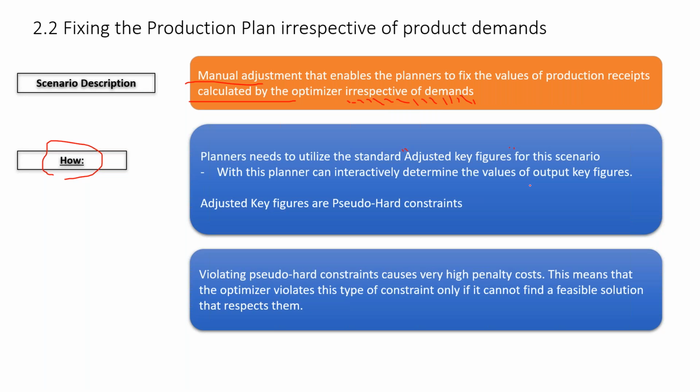The planner has to go and maintain it for a particular time bucket for a particular planning combination. For example, here we're dealing with the S12 product, and if the planner goes and maintains it accordingly, the optimizer will respect them. So with this, the planner can interactively determine the values of the output key figure. Okay, and adjusted is also a pseudo hard constraint. So we are in the zone of pseudo hard.